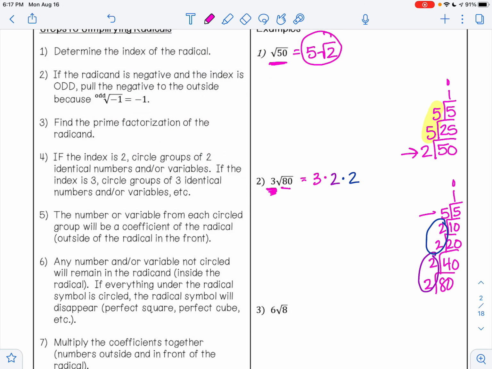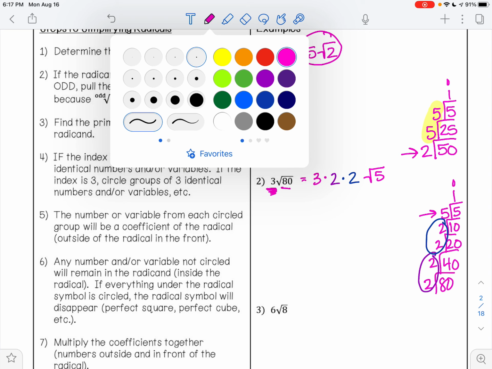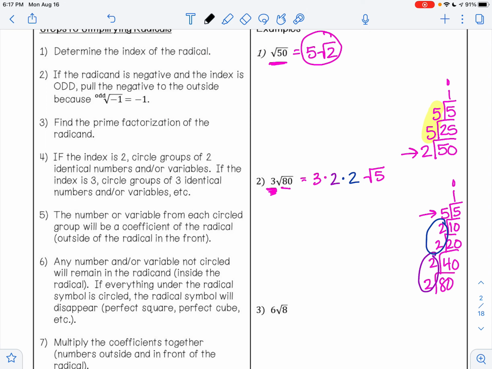This 5 does not have a pair, so that 5 is going to stay inside the square root symbol. So now I need to multiply. 3 times 2 is 6, times 2 is 12. So my answer is 12 square roots of 5.